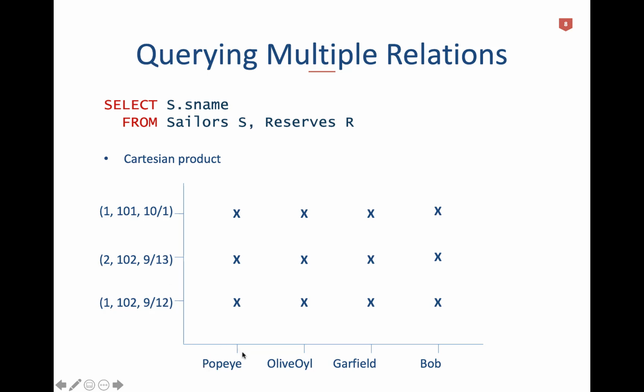So for each s.name in sailors, it's going to be combined with all the reserves rows and columns. So each row in sailors is combined with each row in reserves. But because here we have select on s.name, we're showing only the s.name.